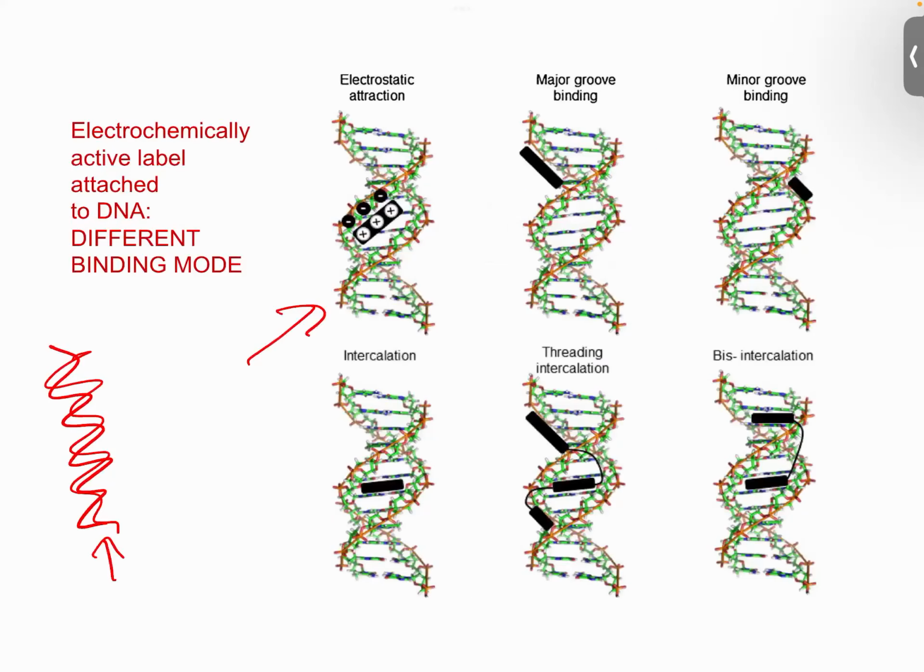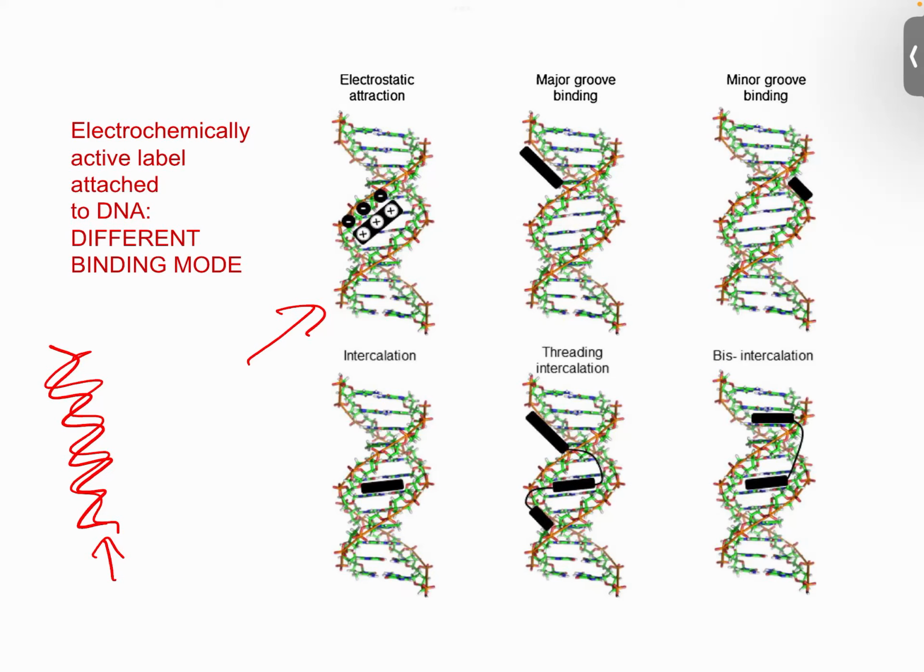So these are the examples of indicators that give us the information whether you have a good hybridization or a weak hybridization, because you cannot tell by looking at the beaker. You have to look at the current reading, or if you use optical, you have to look at the color change.